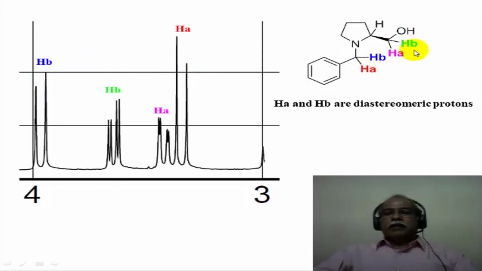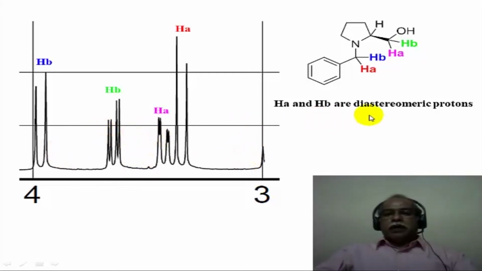There are two other hydrogens, the magenta hydrogen and the green hydrogen, which also form an AB kind of system, except now this AB is further split into a doublet by this hydrogen. So the AB quartet is split into a doublet, and totally 8 lines are what you are going to see. Again you have the roof effect: the inner lines are taller than the outer lines on either side of the spectrum. Nevertheless, this is fairly easy to interpret if you recognize it to be an AB pattern.